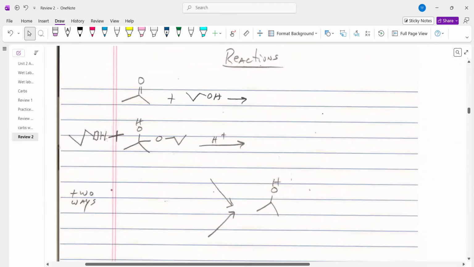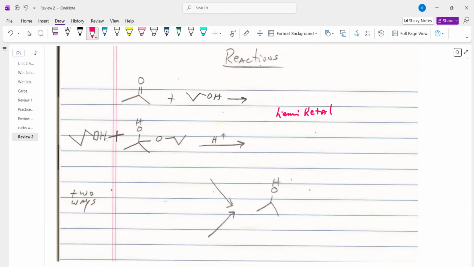Okay, so we've got a ketone and an alcohol. So that can form a hemiketal. And since there's no 2 here, it's going to stop at the hemi rather than going all the way to the ketal.